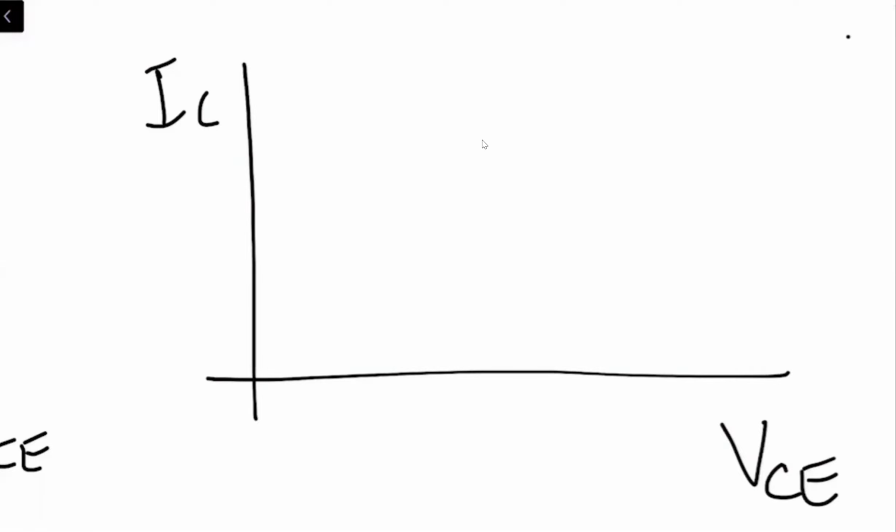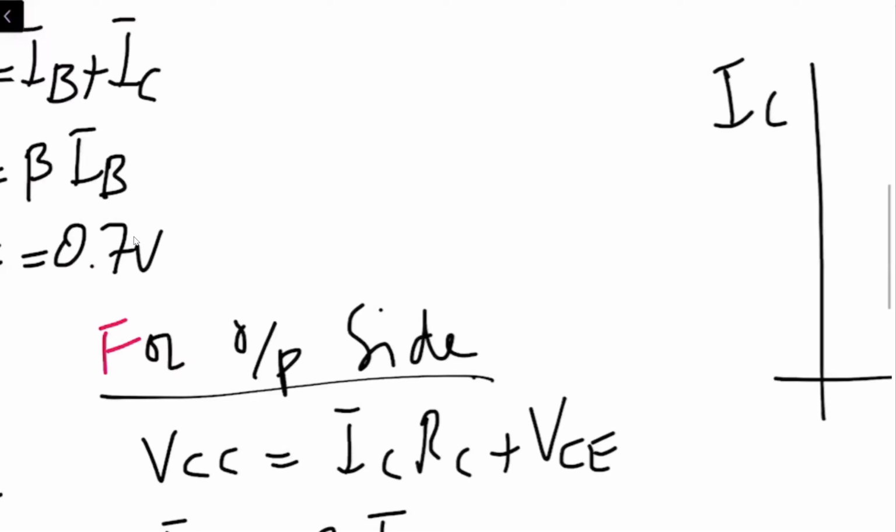Now for the base current, because IC is dependent upon IB, as we know from the equation, IC is equal to beta times IB, as we have just written it over here.